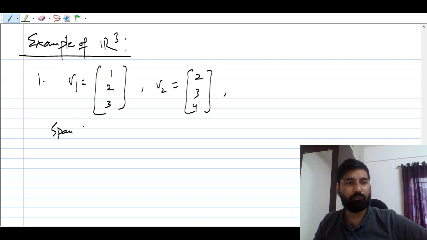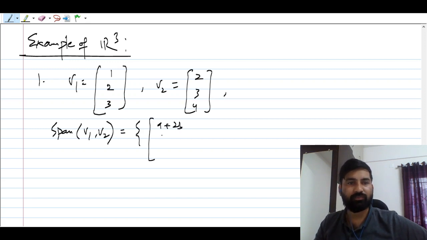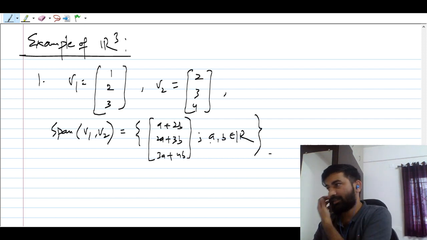So span of V1 and V2 is nothing but the set, right? You can say (a + 2b, 2a + 3b, 3a + 4b), right? Where a, b belong to R, real numbers. Okay.